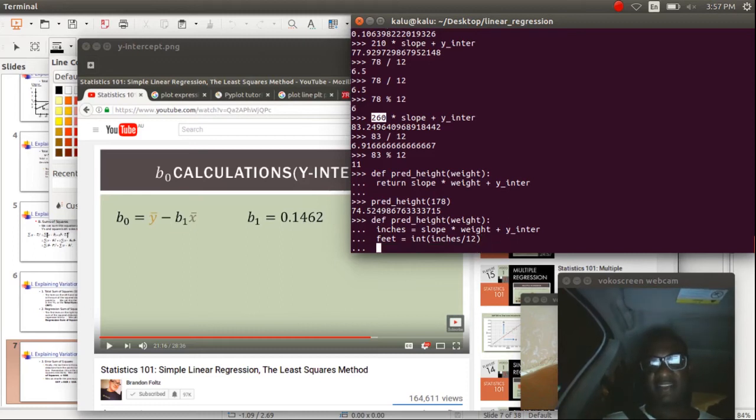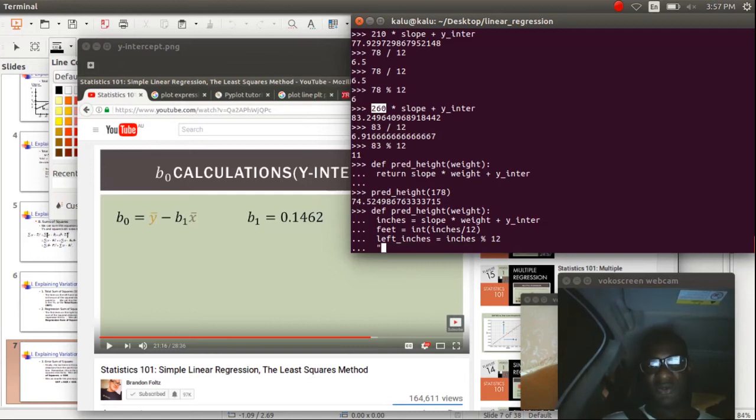And that is going to get us the feet. Let's get the inches. The inches equals the leftover inches. Let's say left inches, and we can do modulo of however tall the person is in inches, 12. And that will give us the remainder.